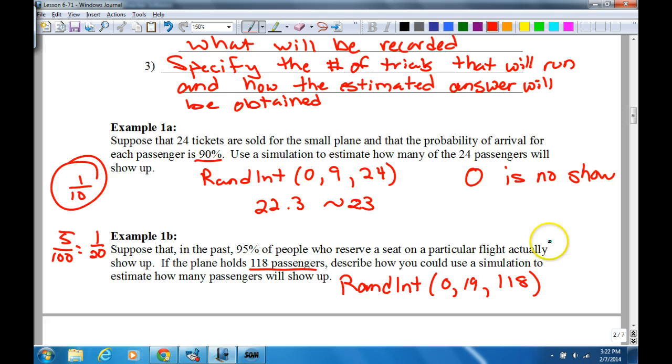So we're going to do it the same way that we did with 1 to 10, 1 to 9 on this one, with 24. And we would take maybe 6 simulations in all, and find out how many zeros show up, and find the average.